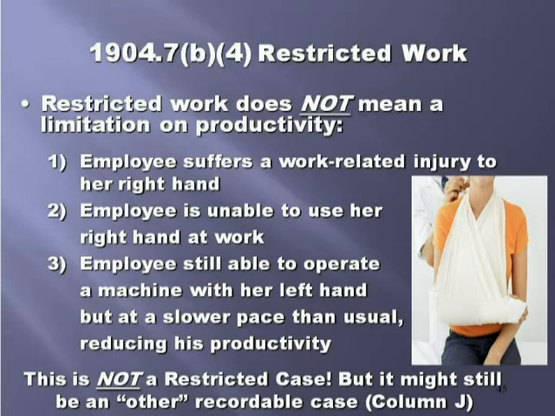The employee is unable to use her right hand at work, but is still able to operate her machine with her left hand, at a slower pace than usual, reducing her productivity. In that situation, that in and of itself is not considered to be a restricted work case, but it still might be an other recordable case, which I will discuss at a later slide, falling under column J.